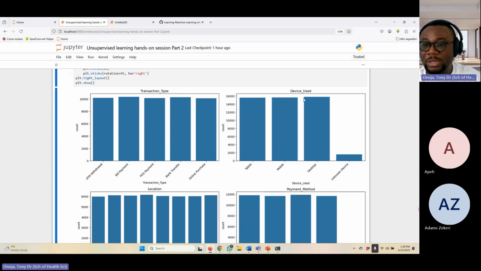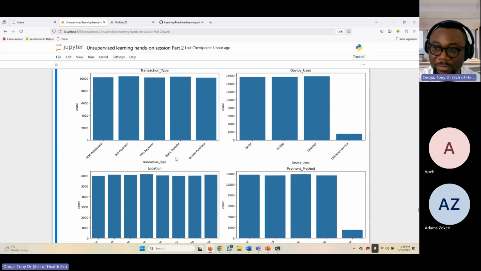And then we can see on the devices used, unknown device has the lowest. Most of the devices that these scammers or fraudsters use are mostly desktop, mobile, and also tablets.